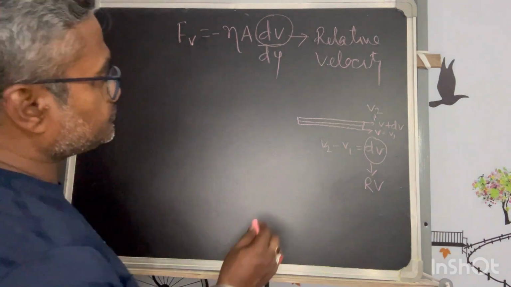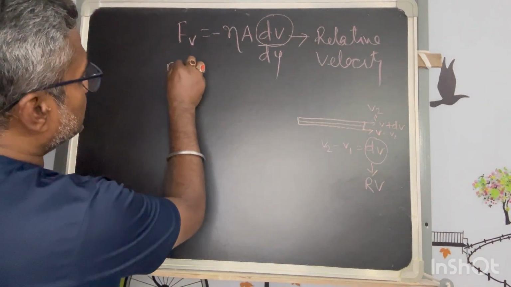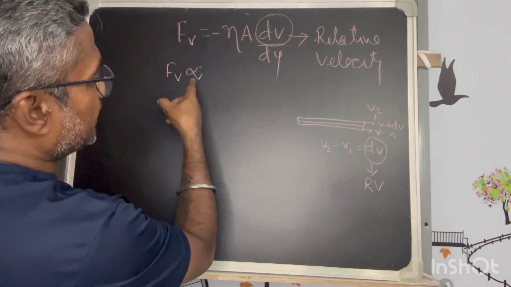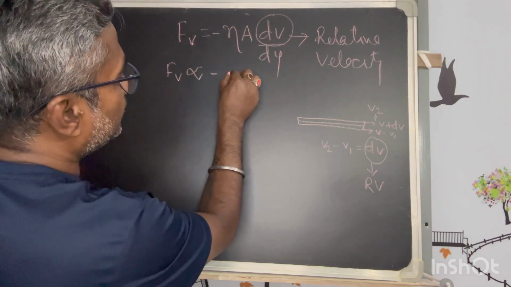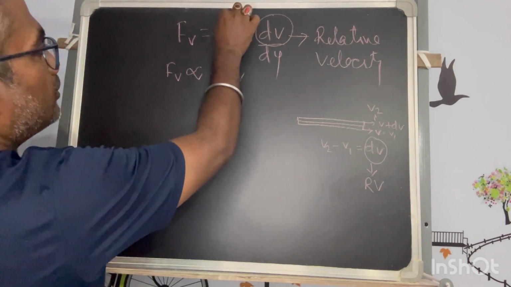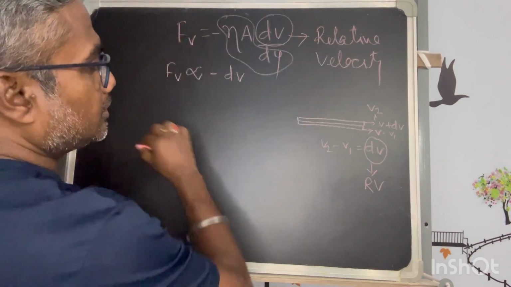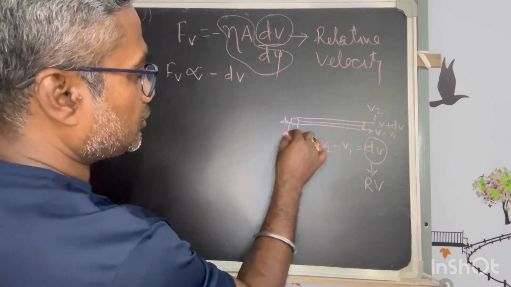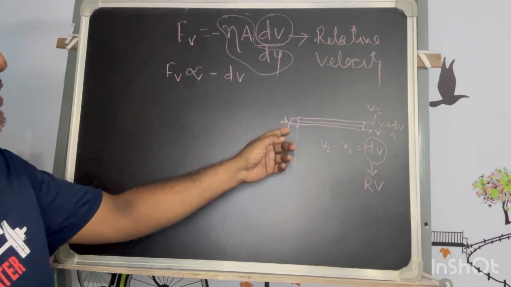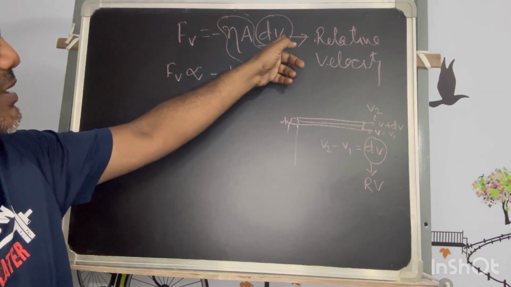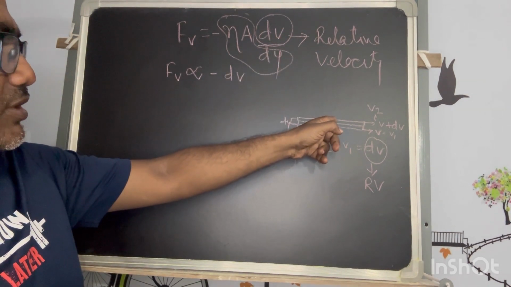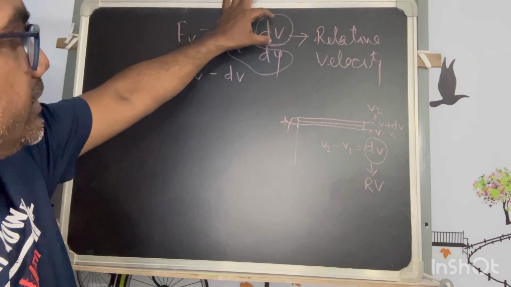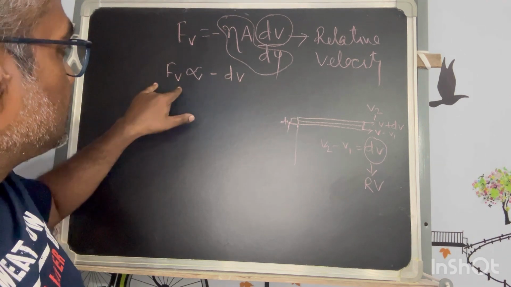So now what can be said in this formula is that Fv is directly proportional to the negative value of dV. Nothing else is changing, because dy is in between, and I am talking about these two particular layers, so dy won't change. But V can change, because if I get higher velocity here, the relative velocity dV will change, and when dV changes, Fv will change.